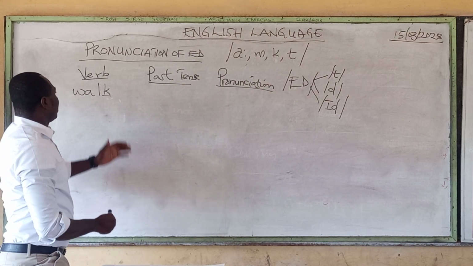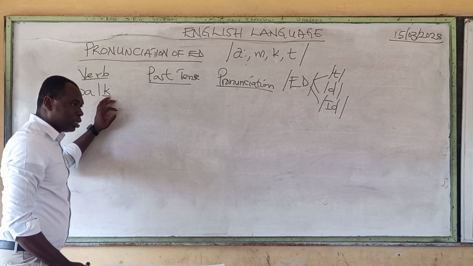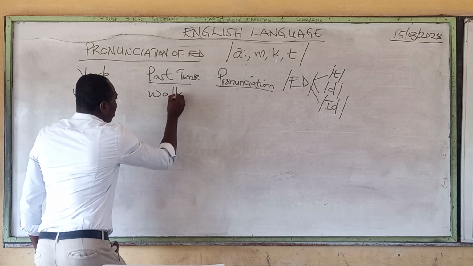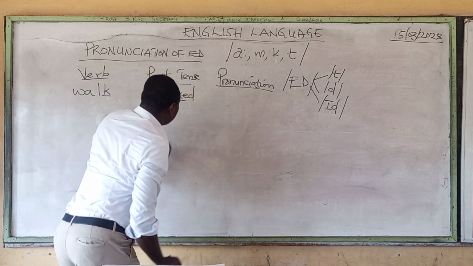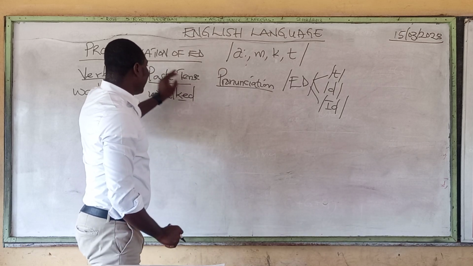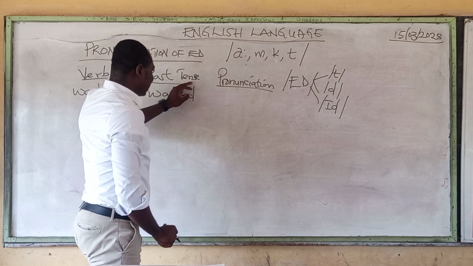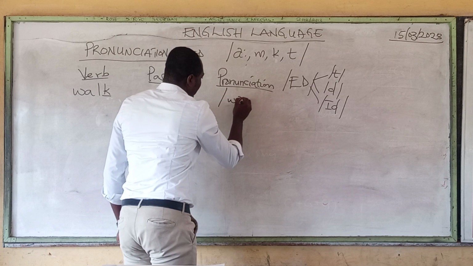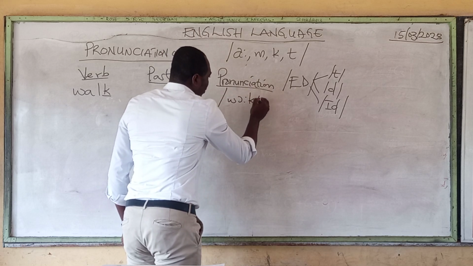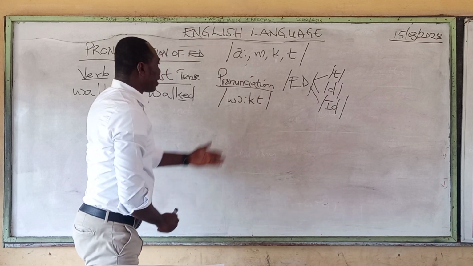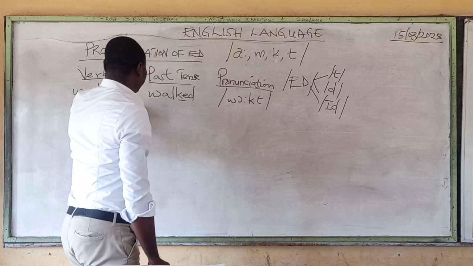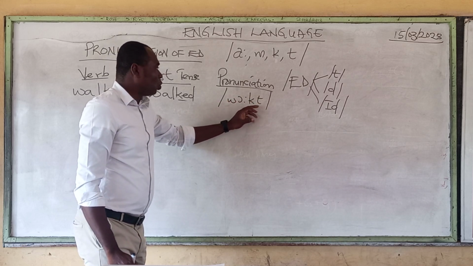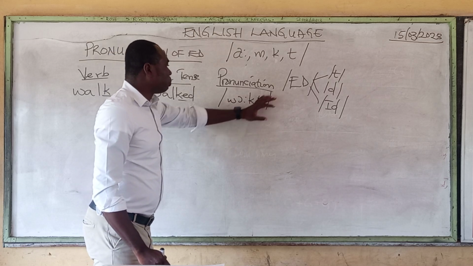The last sound there is k, so the past will be what? Because ED has been added to form the past, the pronunciation is what? Because it's ending in a voiceless sound and ED has been added to it, the ED will be pronounced as t.